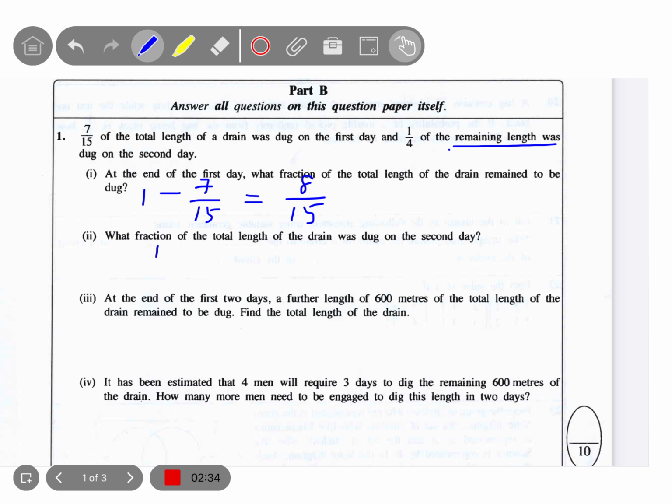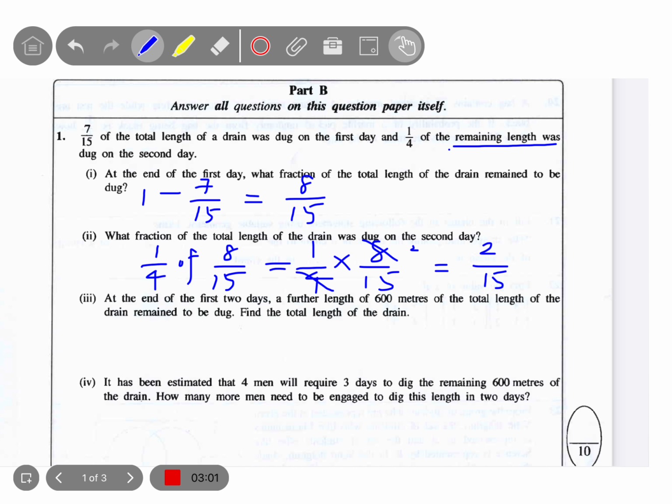The remaining length is 8/15, so that's the fraction. This "of" is normally written in mathematics as multiplication. So 8 divided by 4 is 2. So 2/15 was dug on the second day. That's how you derive that.